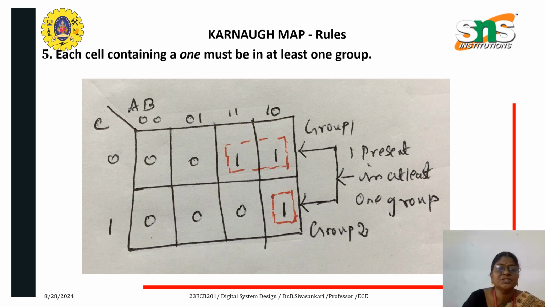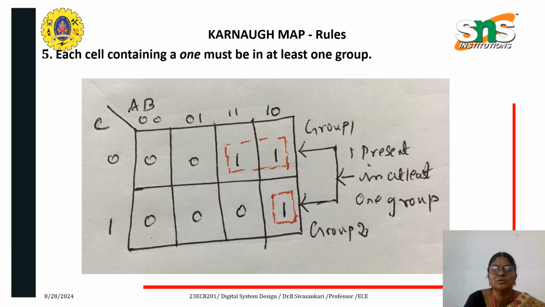And the next condition is each cell containing a 1 must be in at least one group. It is very clear that none of the ones should be left out.